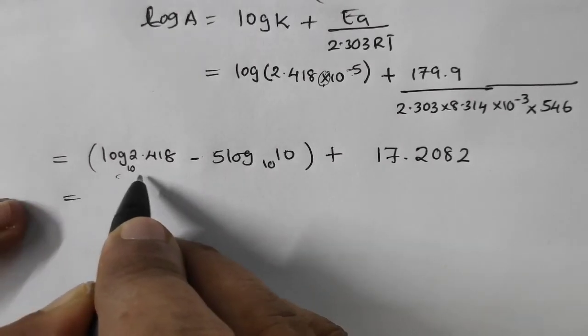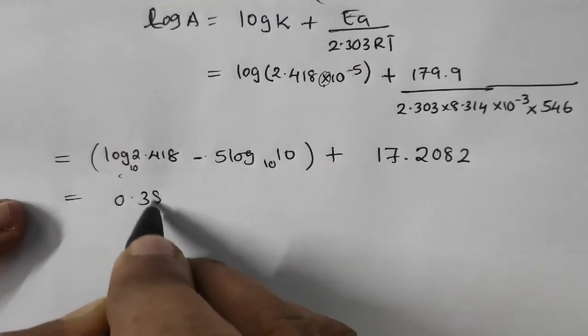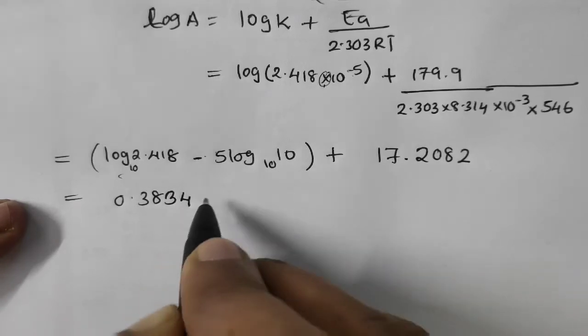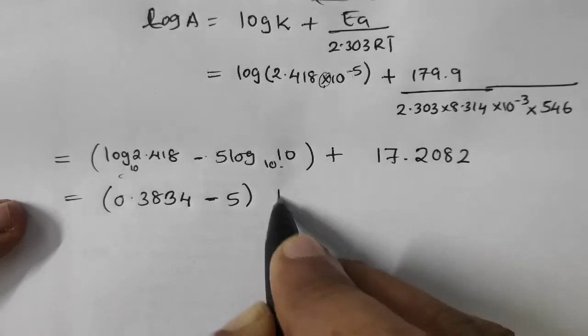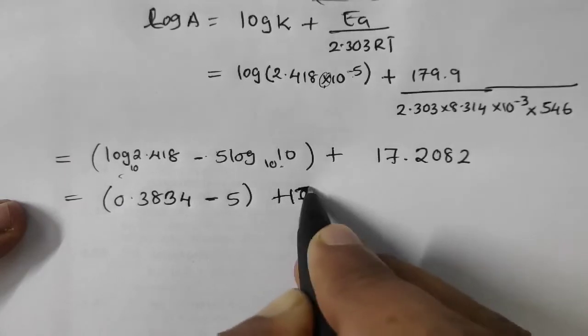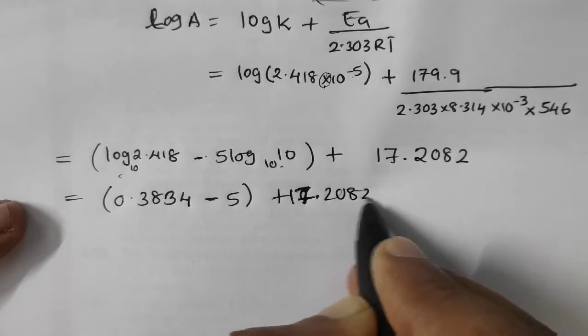Log 2.4 is 0.3834, minus 5 times log 10 to the base 10, which is 1, plus 17.2082.